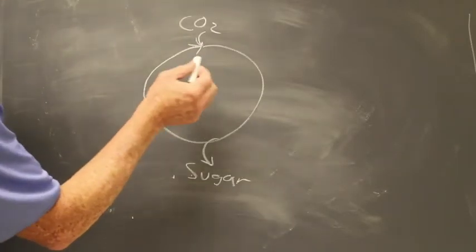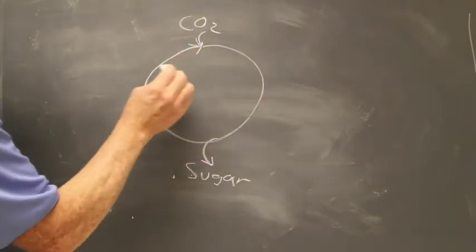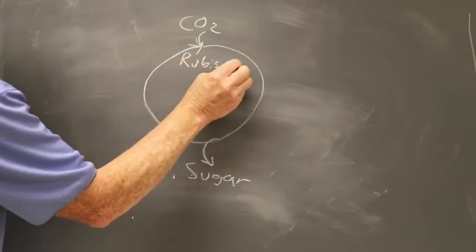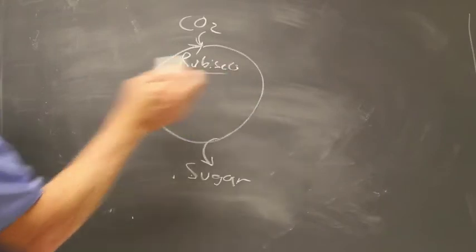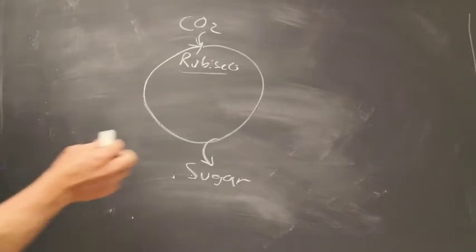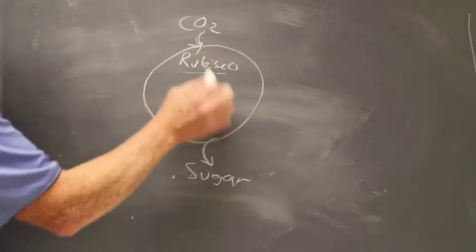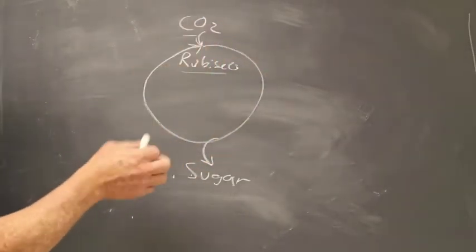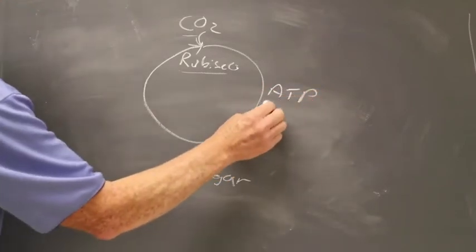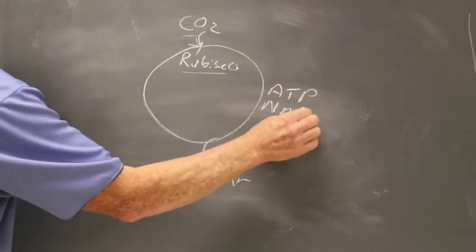An enzyme or group of enzymes that's important in catalyzing this is called rubisco. And rubisco is the most abundant group of enzymes on the planet. It's also arguably the most important group of enzymes on the planet. The reason is because it basically catalyzes this reaction, taking CO2 out of the air, utilizing ATP and NADPH.